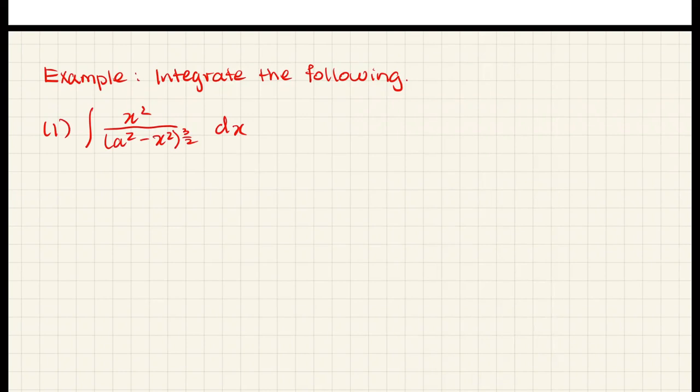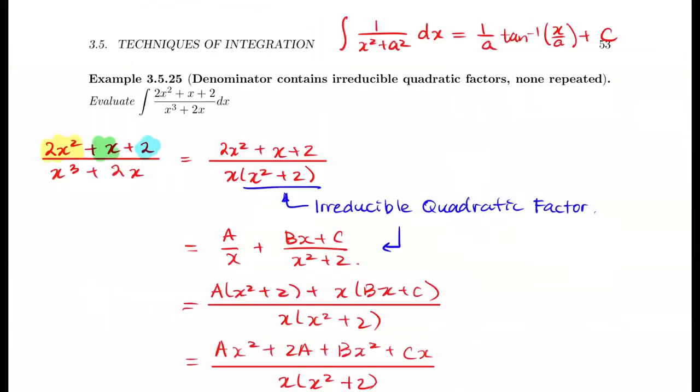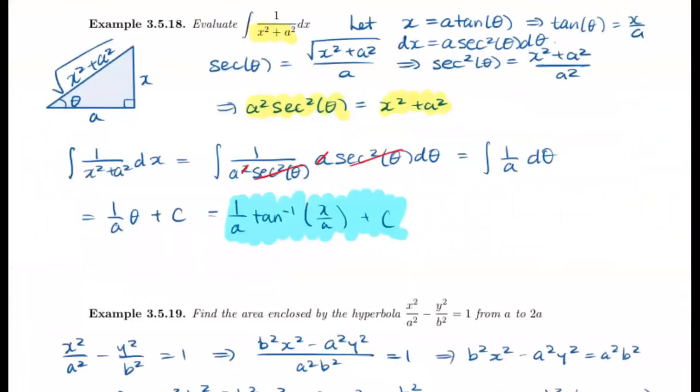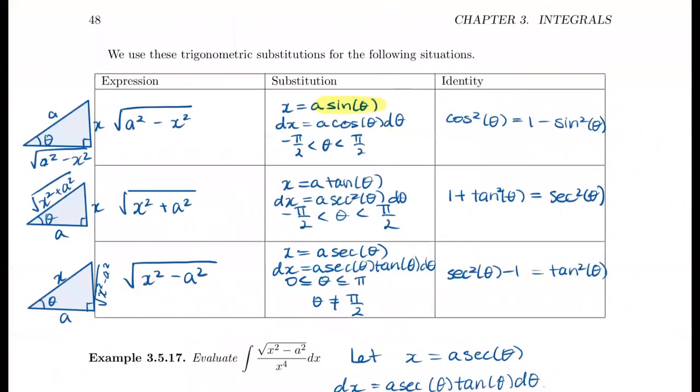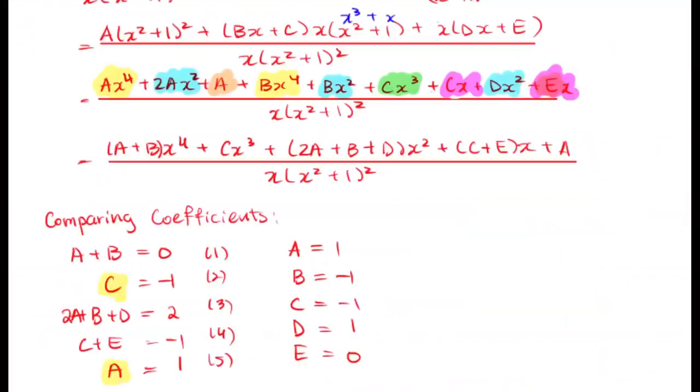So it looks like we need to be using the table that I have made, this table here. So it looks like we're going to be using the substitution x equals a sine theta, right? Okay, so let me go back to this page.